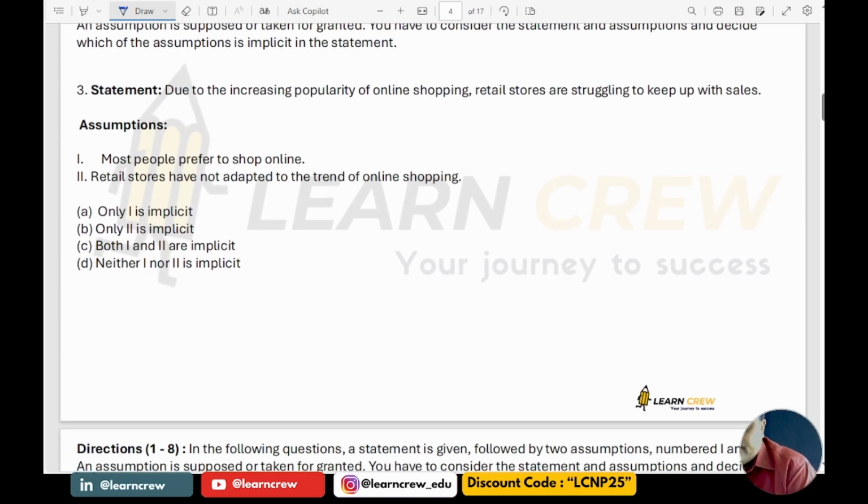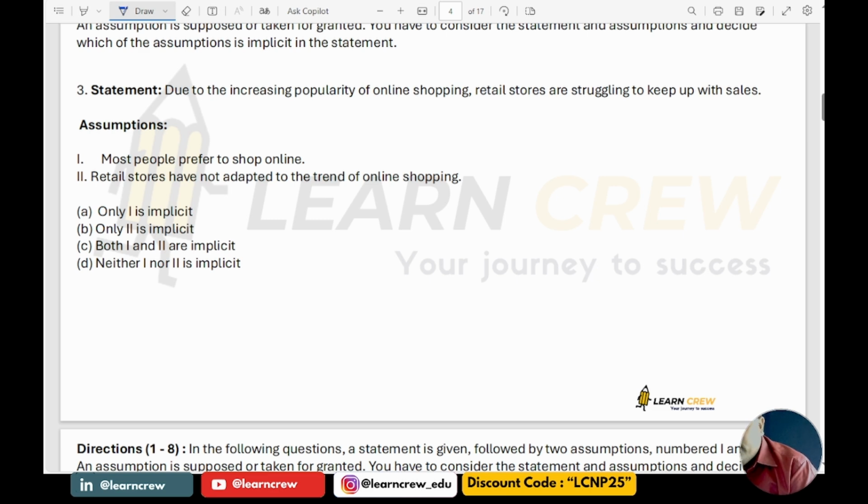Question number 3. Due to the increasing popularity of online shopping, retail stores are struggling to keep up the sales. Assumption 1, most people prefer to shop online.